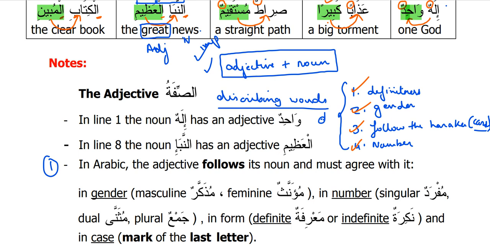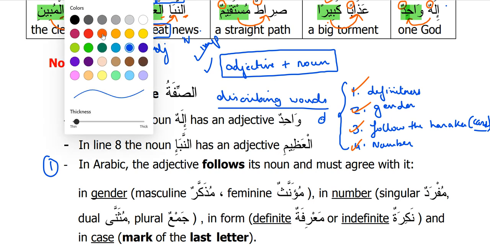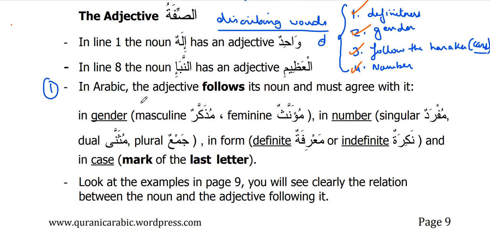Another point that I would like to point out here is the most important point in the gender muannas. Yes, gender, if a noun is feminine, then the sifa will be feminine.